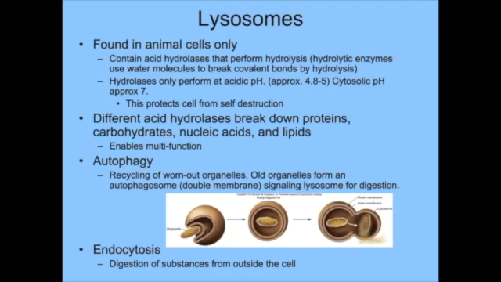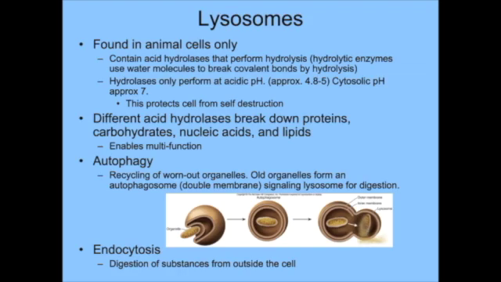Now that's very important because of the primary function of lysosomes. Lysosomes break things down. They break down old organelles. They look for proteins that are no longer functioning, and they will absorb or fuse these organelles or molecules inside of their lumen, releasing these acid hydrolases.